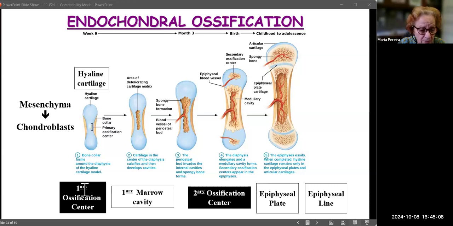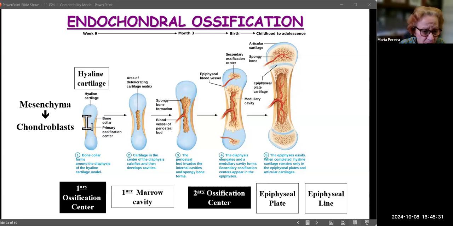This is the primary ossification center that forms in the middle of this hyaline frame. You can foresee that these extremities are going to give rise to the epiphysis, and this area here is going to give rise to the diaphysis.